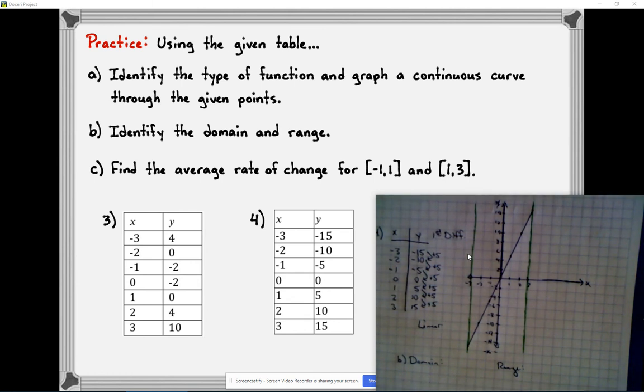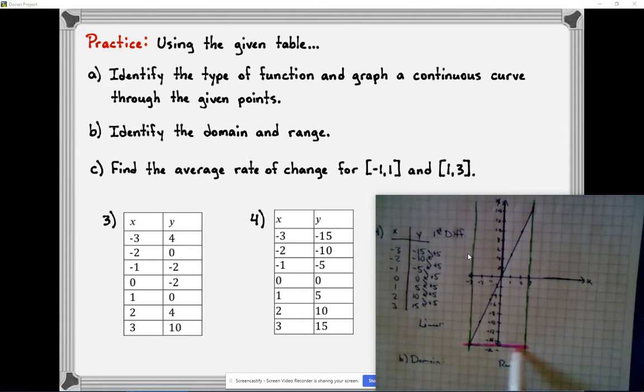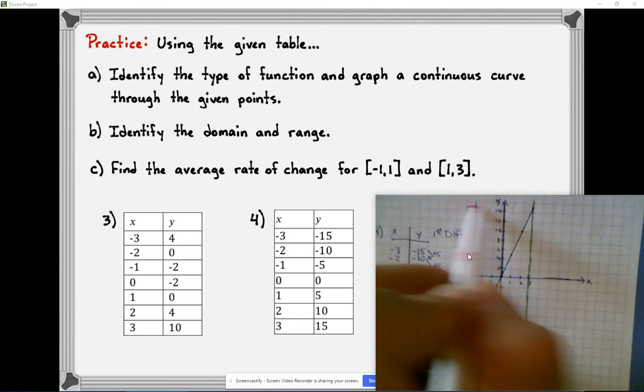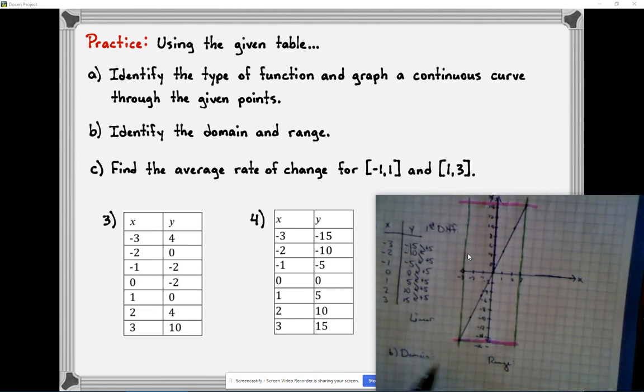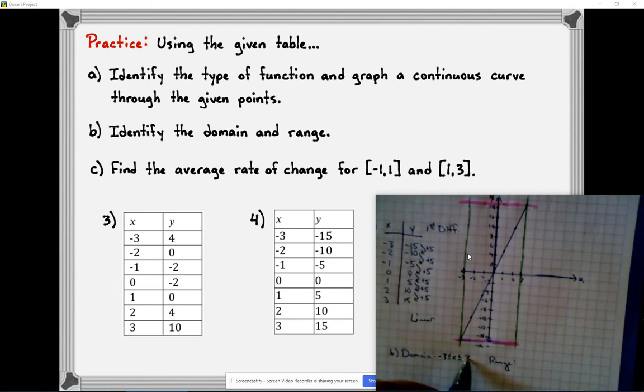And then we're going to draw the horizontal lines at the lowest point and the highest point. And so we would say that the domain is negative 3 less than or equal to x, less than or equal to 3. And then interval notation would be negative 3, comma 3.